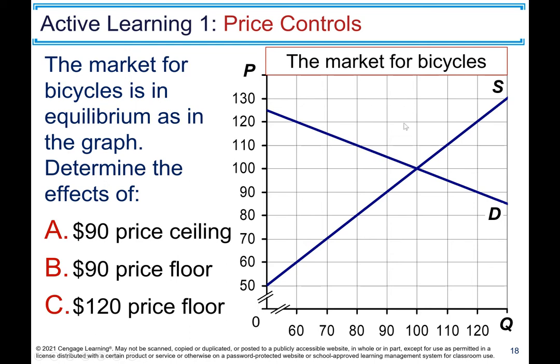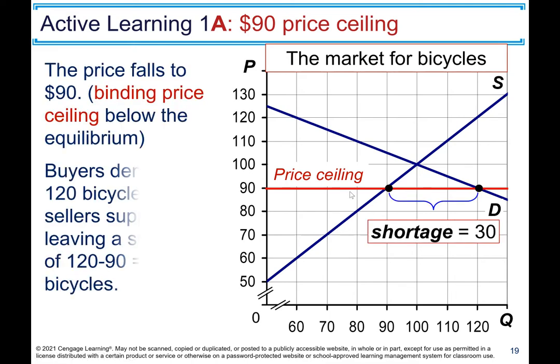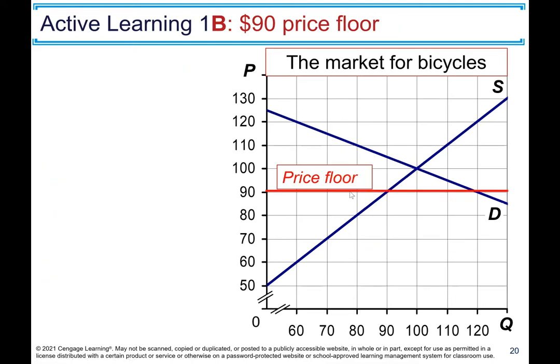If the price floor is set above equilibrium, that will be binding and it will cause a surplus. If you set it at $120, you will find that supply will be 120 and demand would be 60, and therefore the surplus would be 120 minus 60. And that is what is demonstrated here.